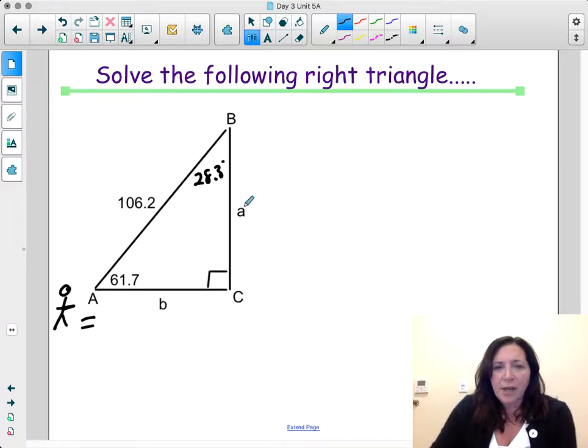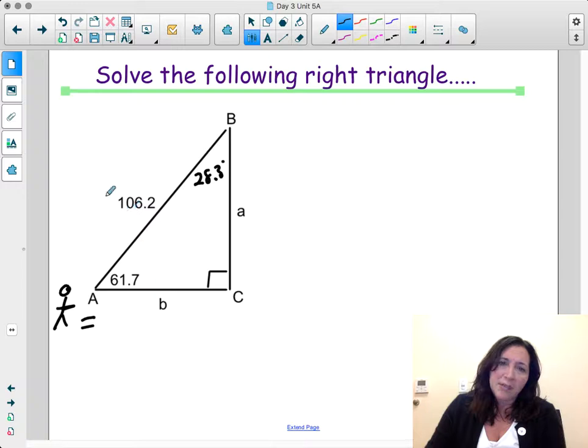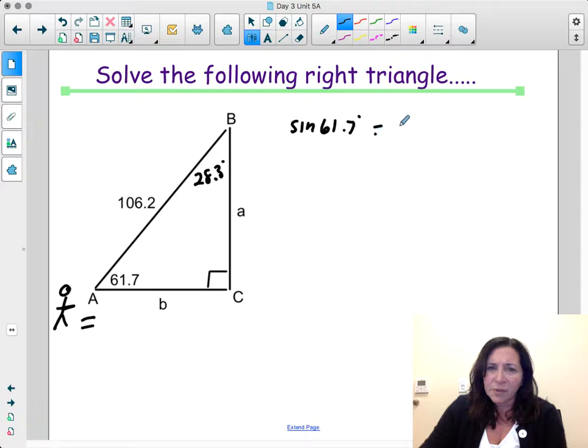So to find little a, I cannot use tangent because that would be opposite over adjacent, and I don't have enough information to do that. So I do need to use either sine or cosine. I'm going to use sine if I'm here at angle A.